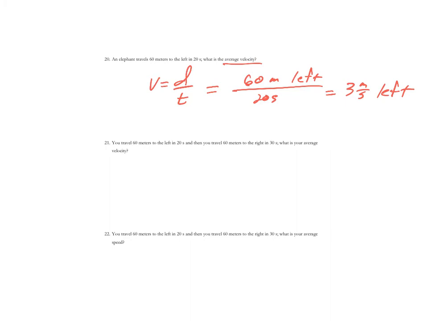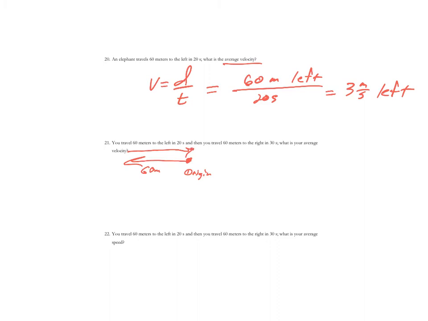So this one we kind of got to figure out where we start. So you put a 0 down. I started there. It's my origin. So we went 60 meters, and then we went 60 meters back.